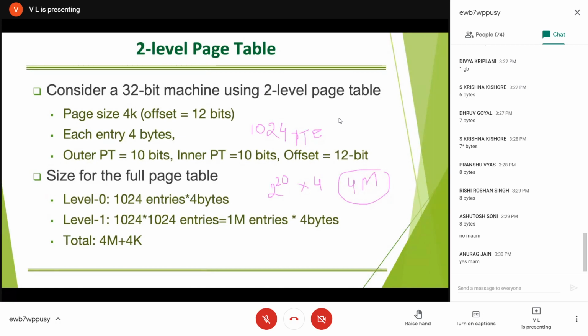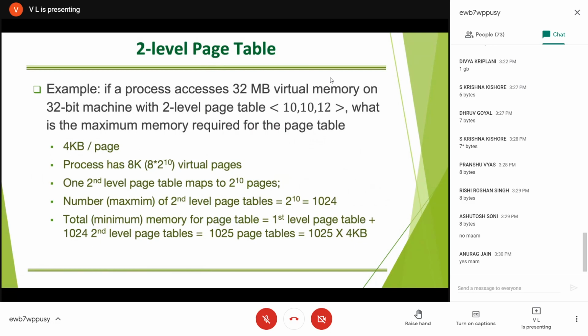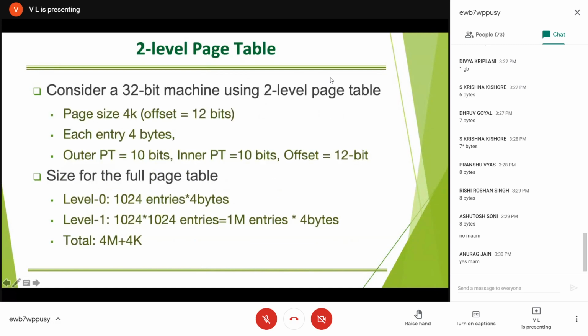In this case it may not matter much, but if you increase the number of bits, then this will start having impact. Generally, here we are assuming that the process will require the complete 2 raised to power 32 space, that will be about 4 gigabytes of space.